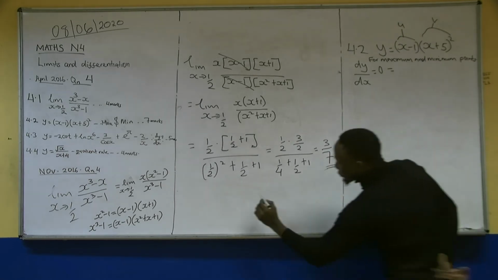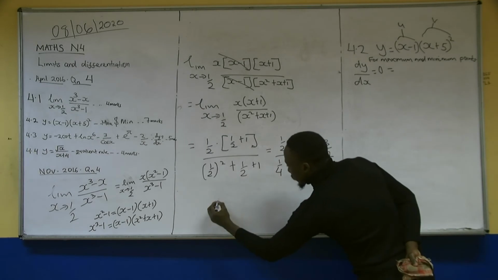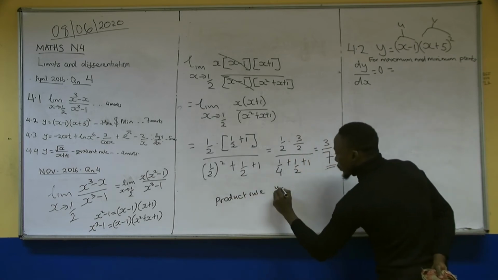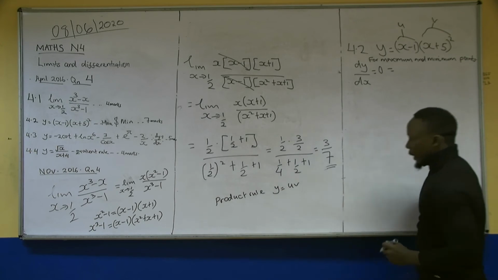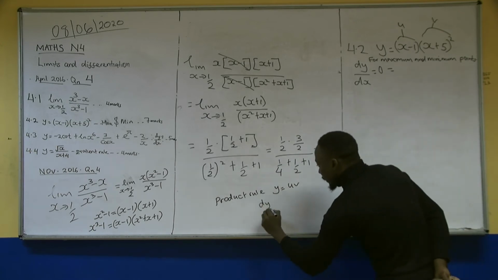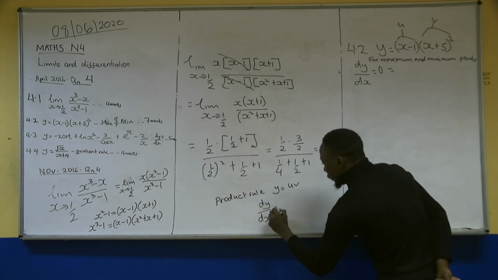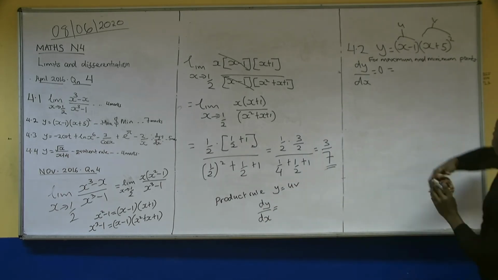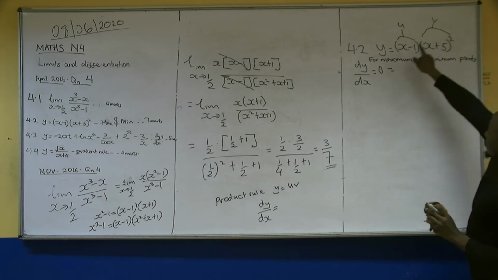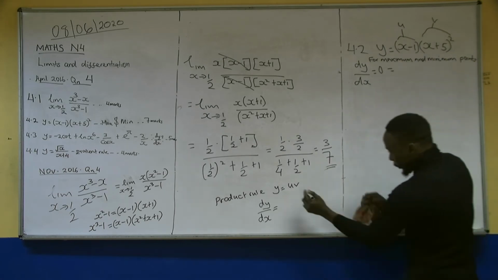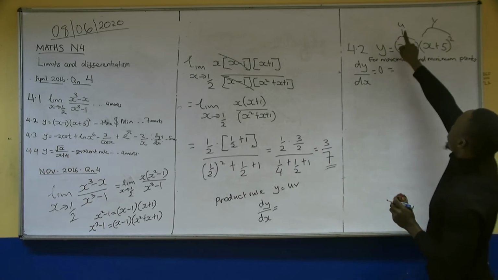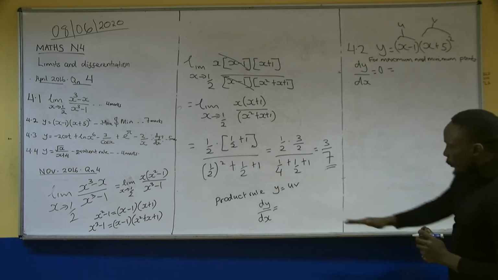We know from this rule, which is called the product rule. If we have y is equal to uv, and they ask you to differentiate dy with respect to x, in simple terms, I can just substitute u and v.